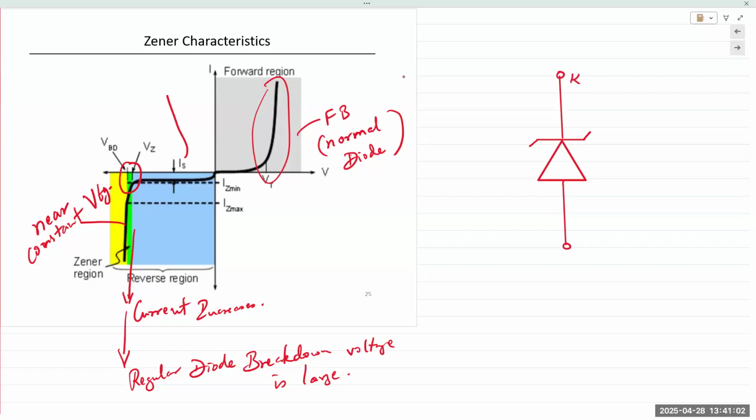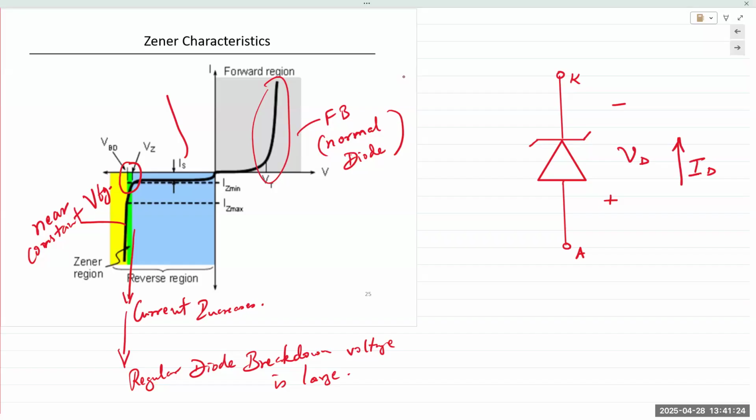So this is your cathode, this is your anode. Diode voltage is always measured with positive at the anode and negative at the cathode. That would be VD. And we would take diode current always going in this direction. This is still true of the Zener diode.